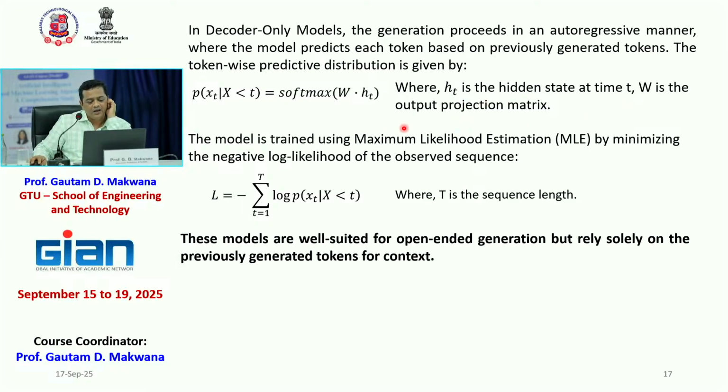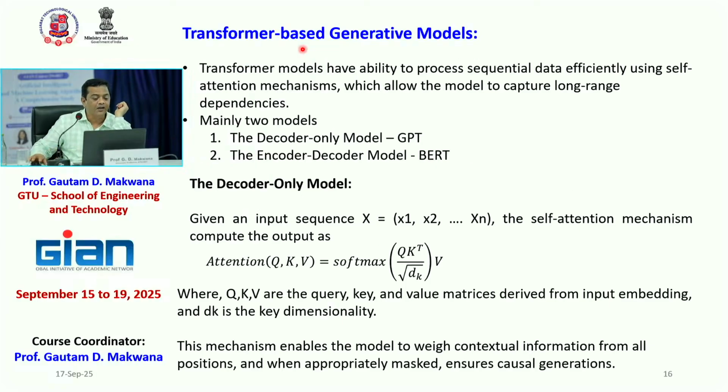In the same way, the model is trained using maximum likelihood estimation, minimizing the negative log-likelihood of the observed sequence. So this is the MLE equation, for the decoder-only model in the case of GPT.